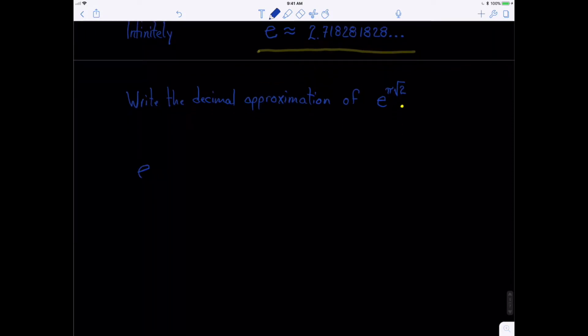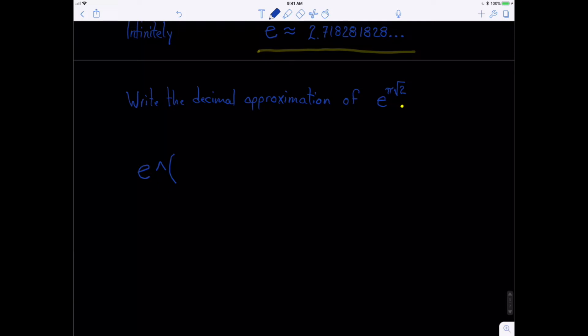So here's what you would do. You'd need to type your E button, and the calculators have one. Then you need to tell it to put it in the exponent. And because there are two numbers, pi and the square root of 2, you need a parenthesis to tell the calculator that both numbers are in the exponent.